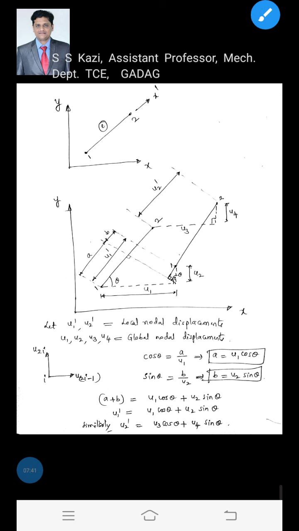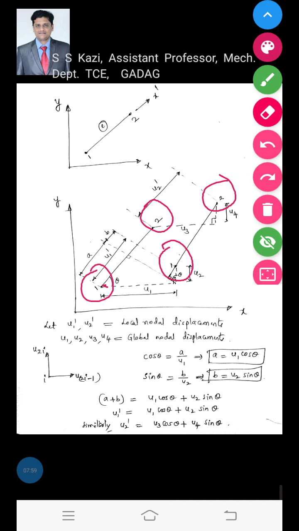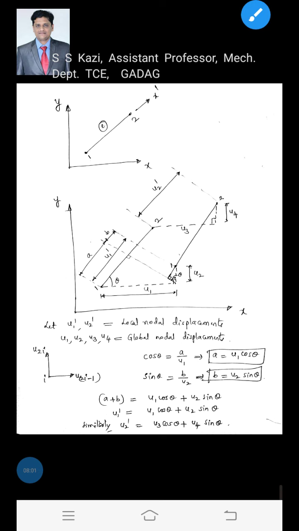Now what are the local displacements? The local displacements are along the element: node 1 will attain a new position here due to the load applied, and node 2 will attain a new position here. The local coordinate is represented by x dash and the displacement is represented by u.